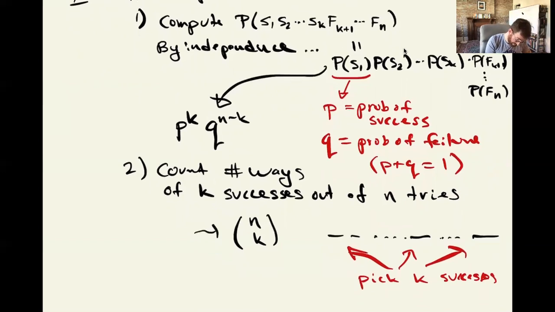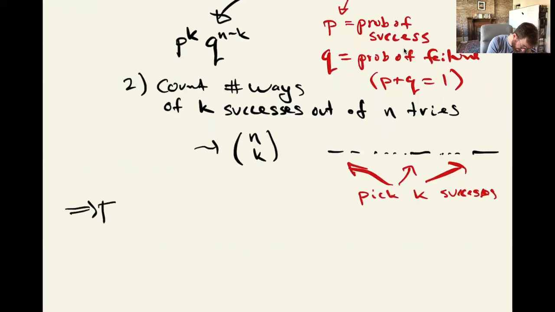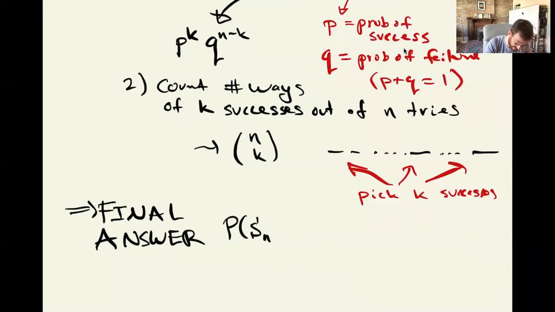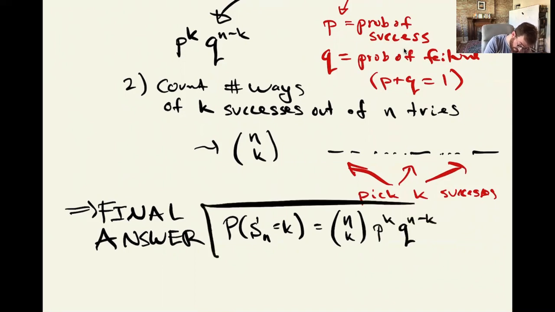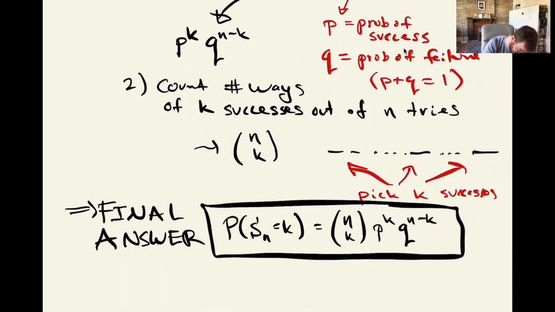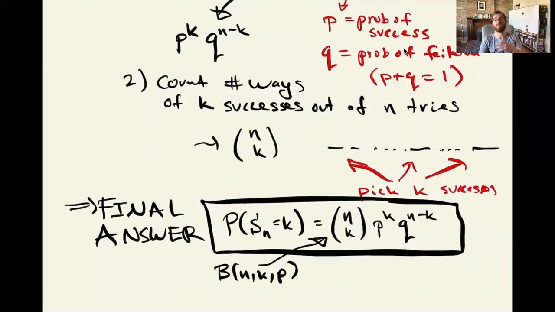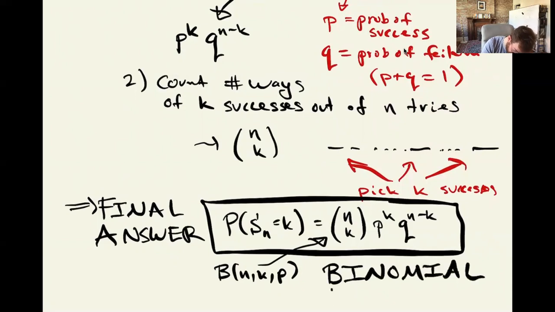So this gives us our final answer then. So the probability that out of N tries I have K successes, which is the same thing as writing P of Sn equals K, is equal to N choose K times P to the K, Q to the N minus K. This is sometimes called BNKP, because this is known as the binomial distribution at values N, K, and P. This is called the binomial distribution.